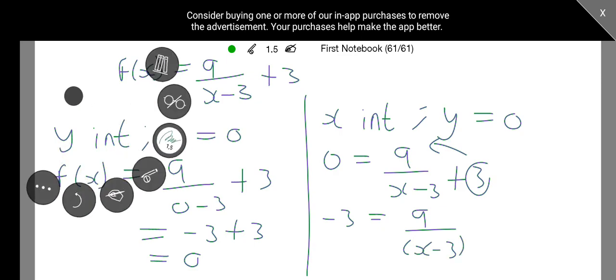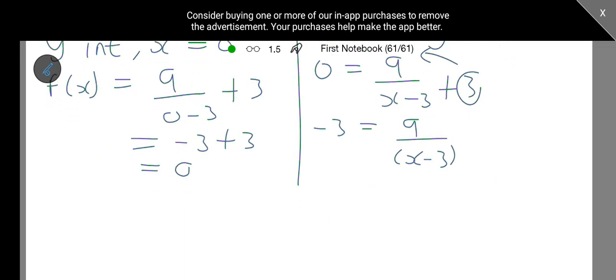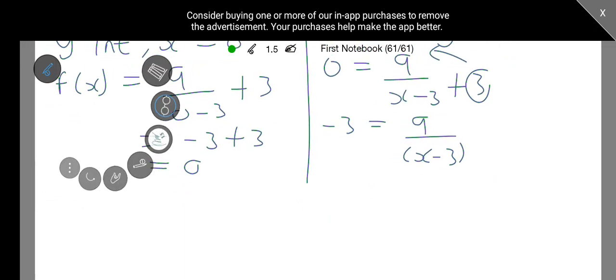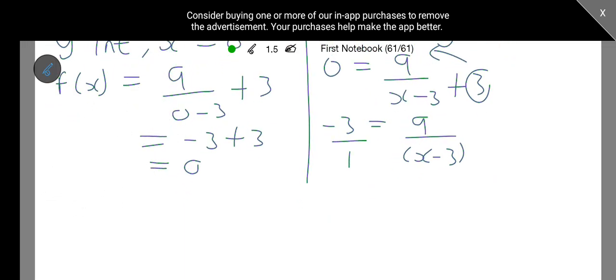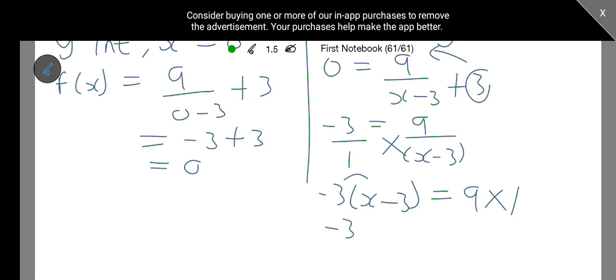And we are going to do the cross multiplication. When we cross multiply, we're going to say negative 3 multiplied by x minus 3 is equal to 9 multiplied by 1. Negative 3 times x gives us negative 3x. Negative 3 times negative 3 gives us positive 9. And it's equal to 9.